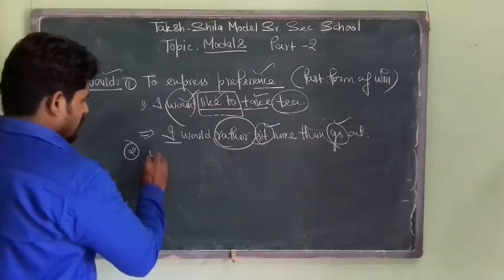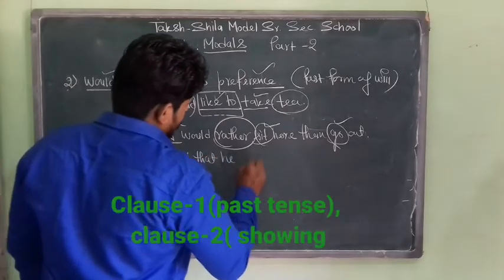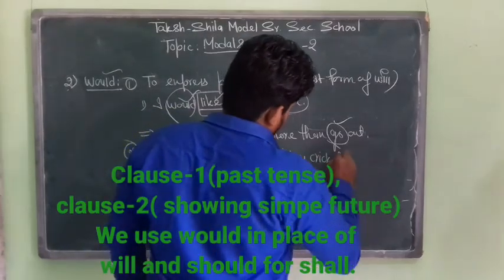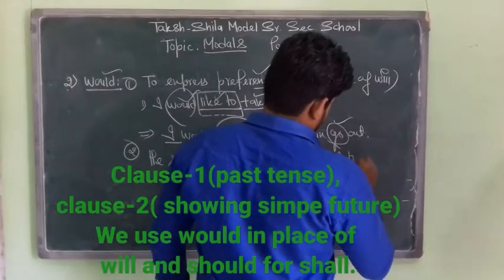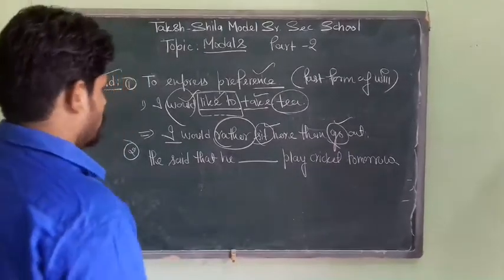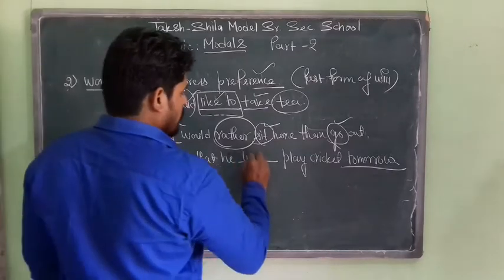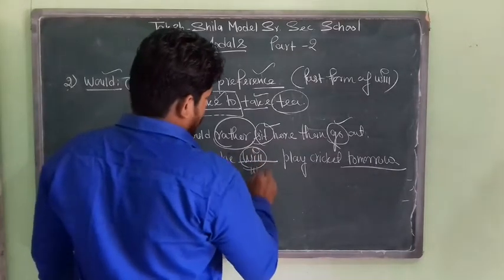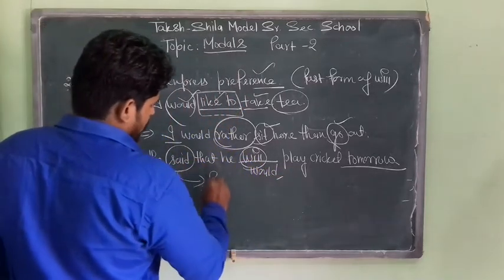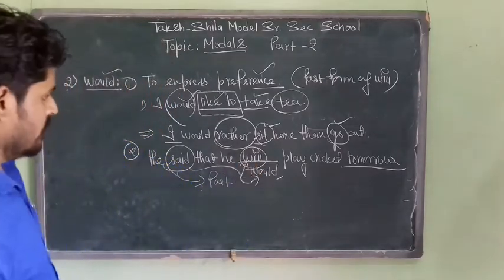For example, he said that he would play cricket tomorrow. So tomorrow means it is something that he will do tomorrow, so we should use here will, but we will not use will, we will use would. Why? Because the principal verb is in past tense. Since it is in past tense, so we are supposed to use would in place of will, right?